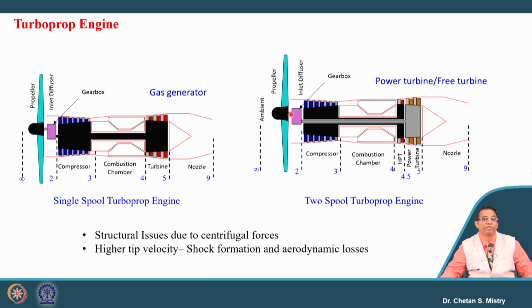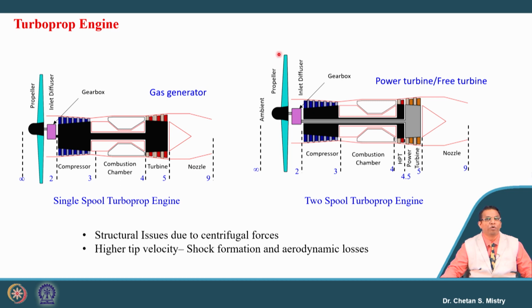This kind of configuration is called a power turbine or free turbine. So this is our two spool configuration. Now I'm sure you are getting an idea what we mean by a single spool turboprop engine and a two spool turboprop engine.